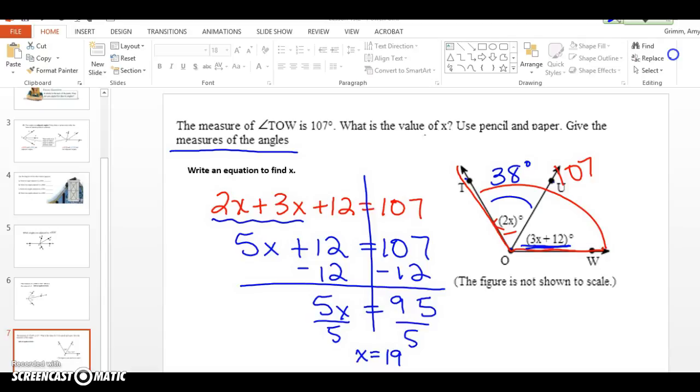So 3 times 19 plus 12. 19 times 3 should be 57, plus 12 more should be 69. Yes? Okay. All right. Very good.